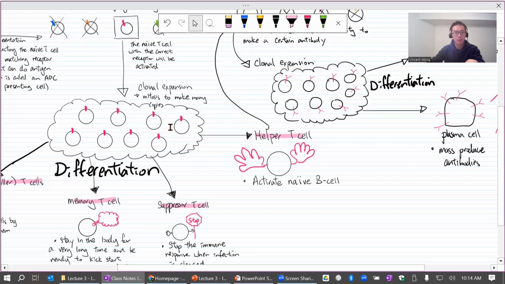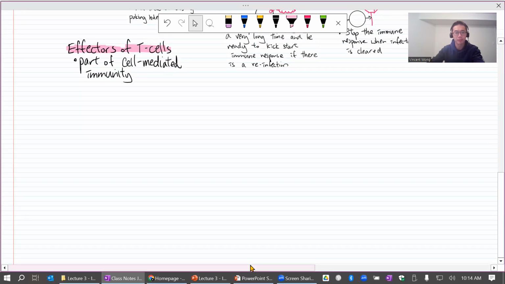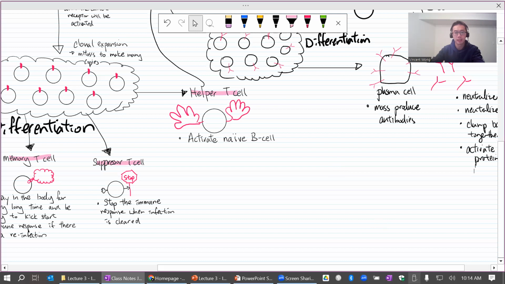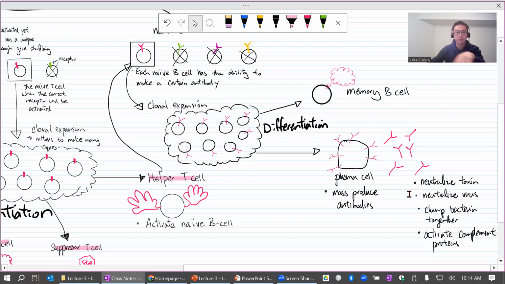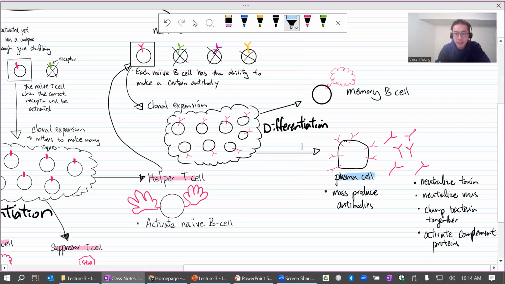So basically, to do a quick summary. Oh, sorry, not done yet. I forgot. Let's go back to here for a second. The plasma cell and the memory B cell. These are the effectors of B cells. Naive B cell.